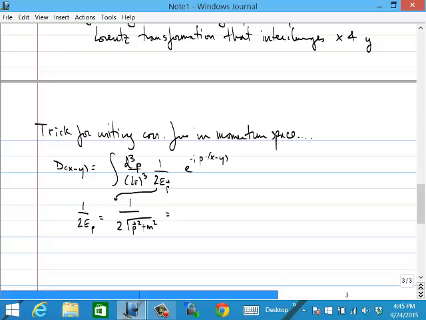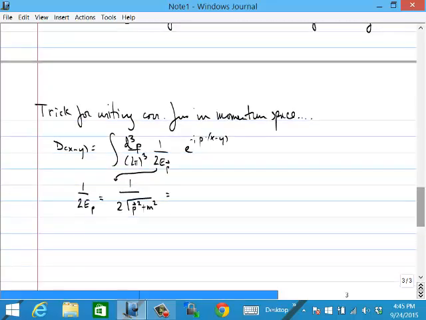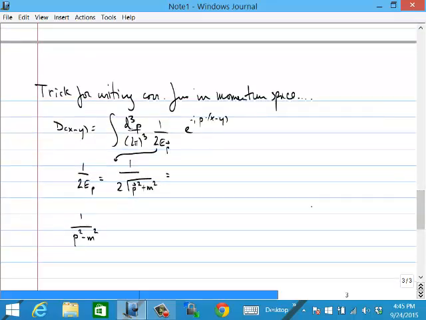In particular, I want to think of the function 1 over p squared minus m squared, where p squared is now the 4-vector squared. So p squared is p mu p mu, that's p0 squared minus p vector squared. And so what is this 1 over p squared minus m squared?